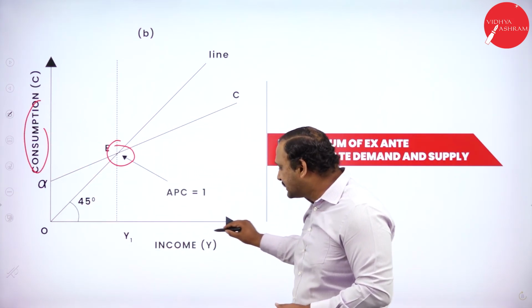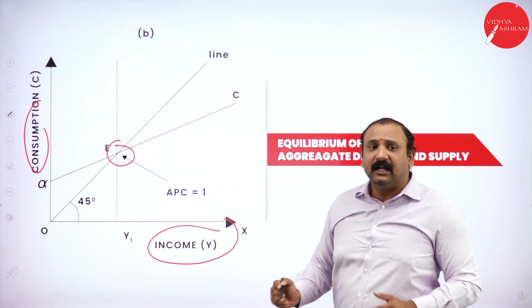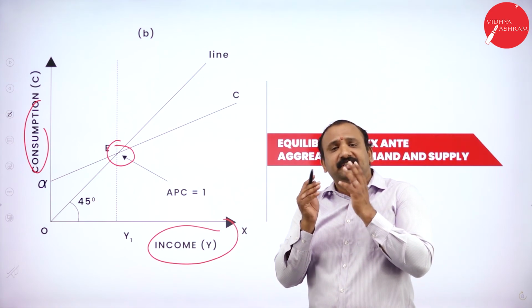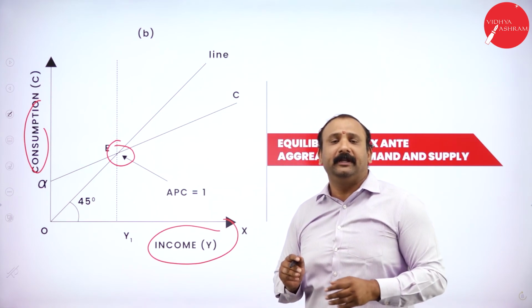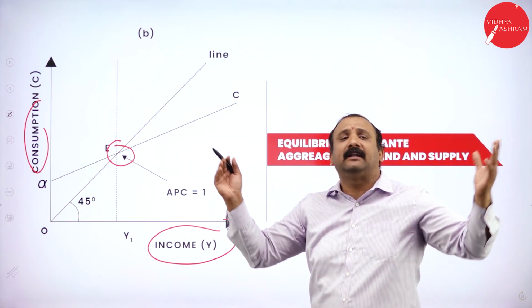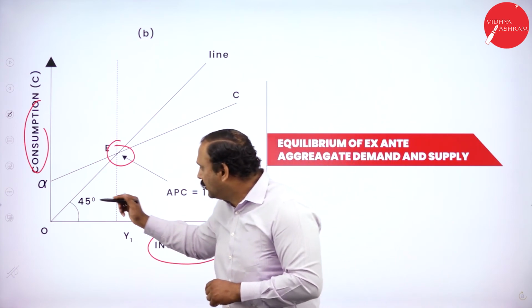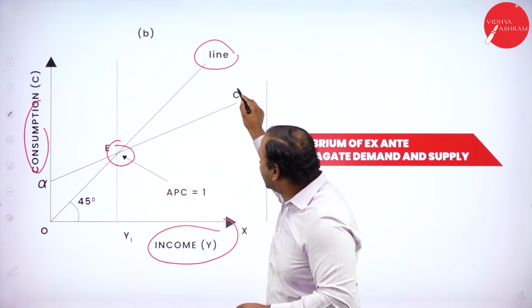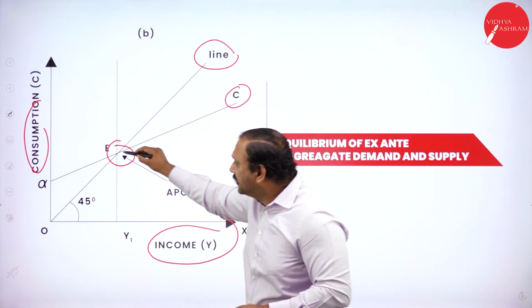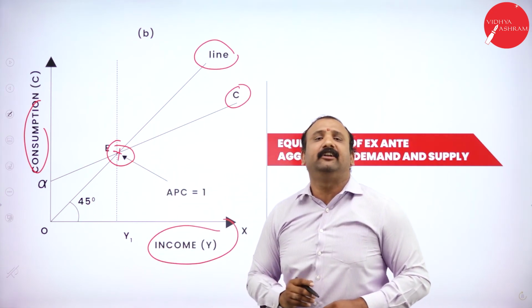On the x-axis, you have the income. Now, income and consumption are two factors which need to meet an equilibrium. They cannot keep on going on a parallel line basis. So you see two lines here. The first line going up on this factor, the second line, the consumption factor, going up here. They both meet here at the equilibrium point.